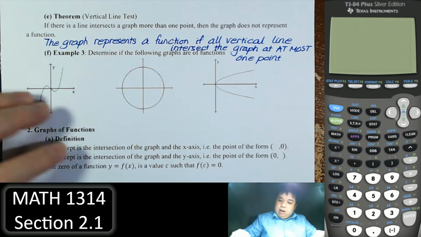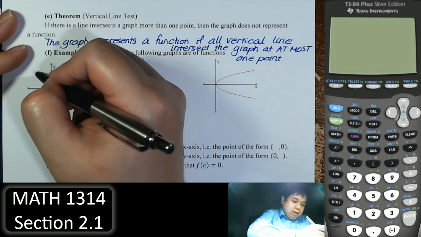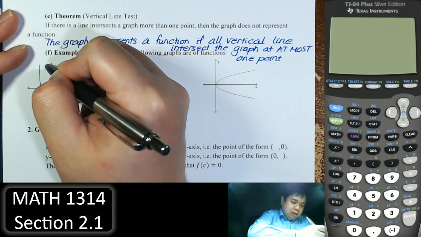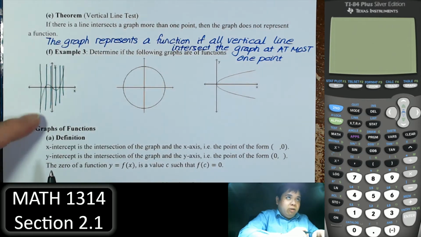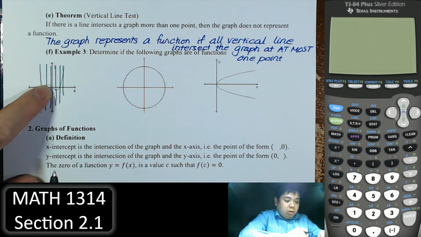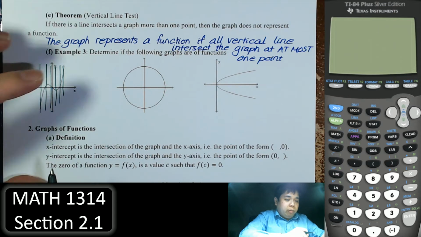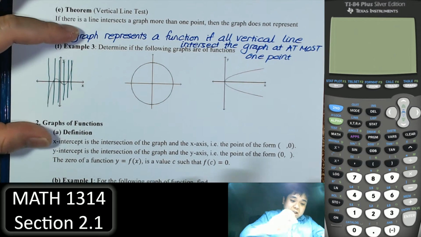Right. For example, the first graph, we just draw a vertical line. You see the vertical line cuts the graph at exactly 1 point, no more than 1 point. So in that case, it is a function.